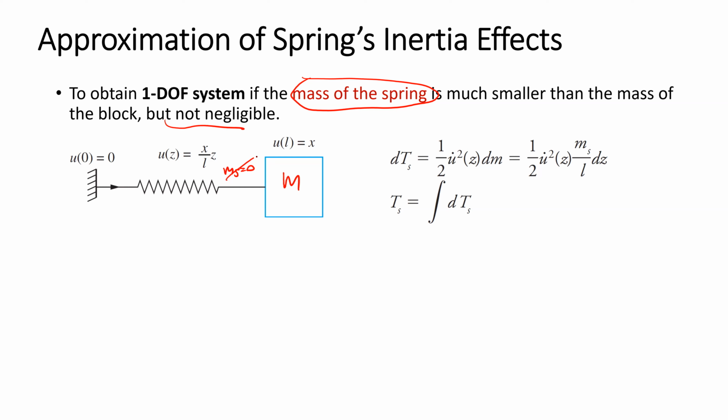The idea is we need to consider that the kinetic energy of the spring needs to be included in the total energy. So we define one coordinate for the spring, we define U.